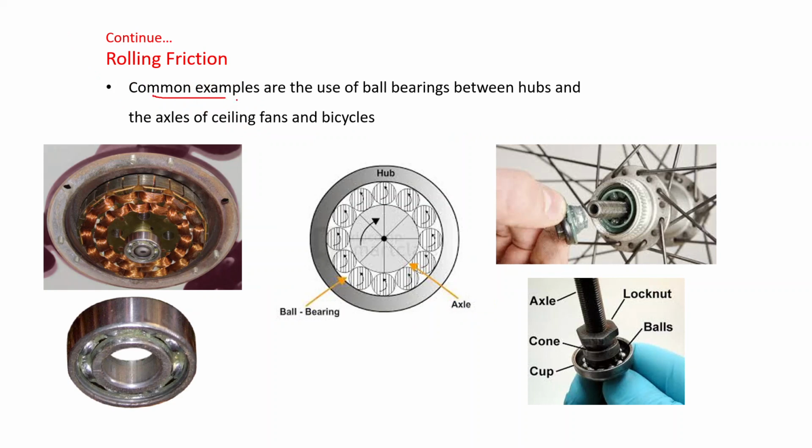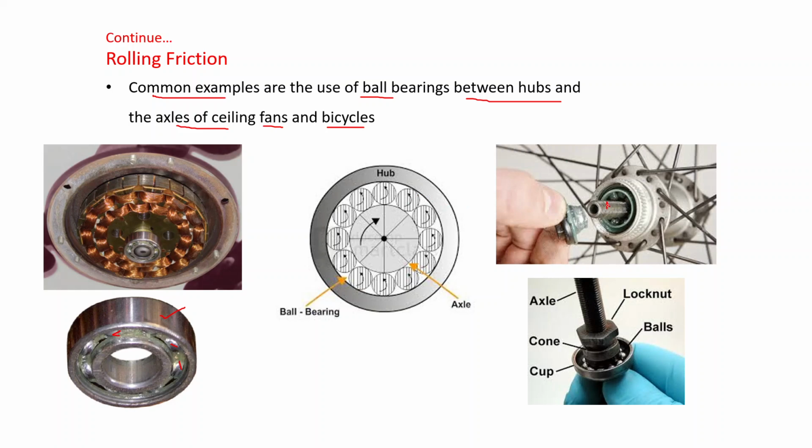Some common examples are the use of ball bearings between hubs and axles of ceiling fans and bicycles. You can see what these ball bearings are. You see this? These are the balls, and when these are fitted, in this diagram, this is the axle. This is a part of a cycle.